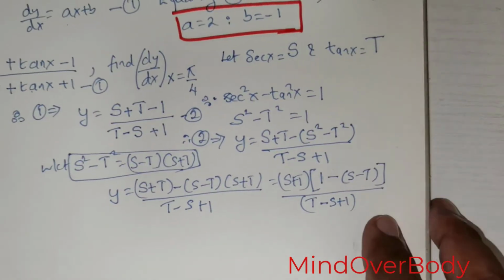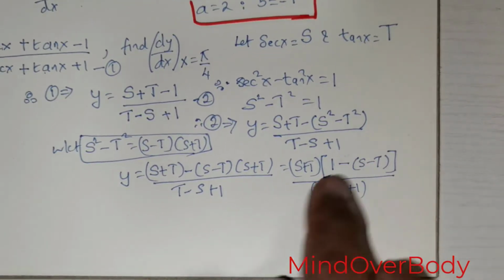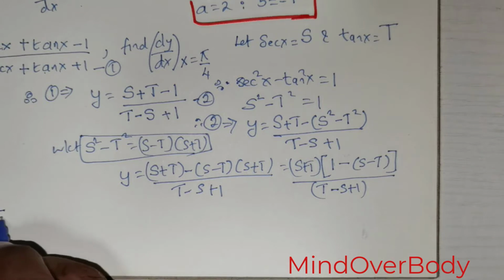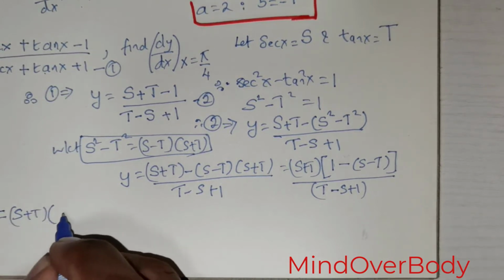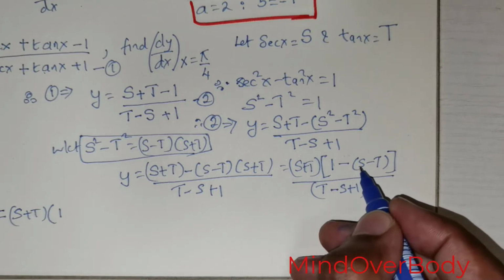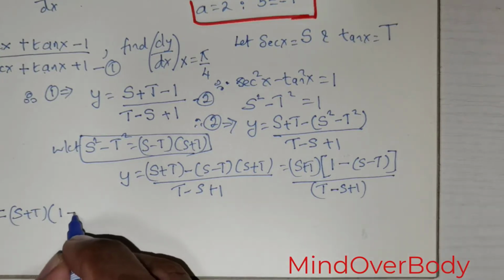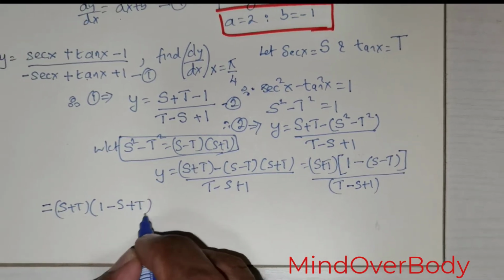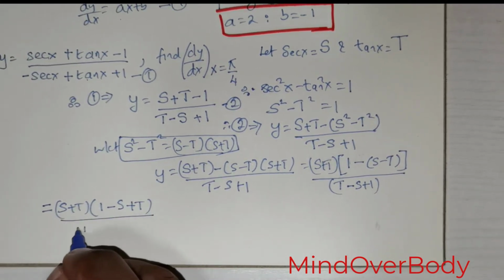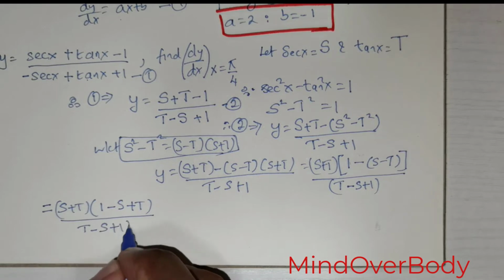Now I'm going to rewrite this term present in the numerator. So this is equal to (S + T) times (1 - S + T), since negative times S gives negative S, and negative times negative T will give positive T, divided by (T - S + 1).